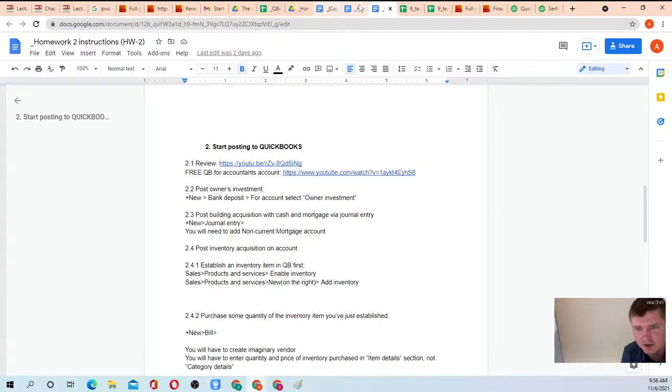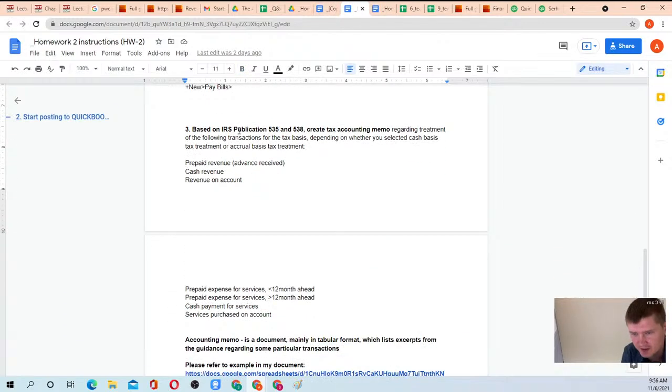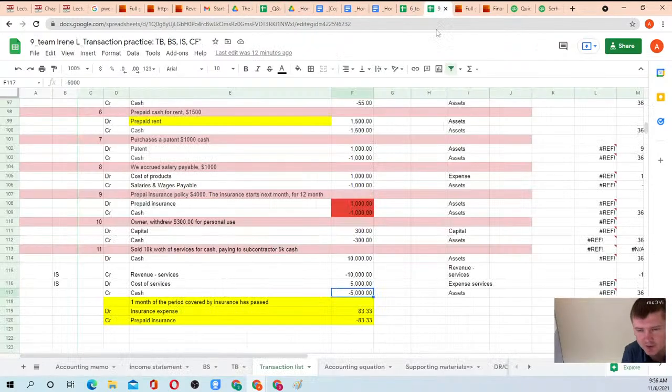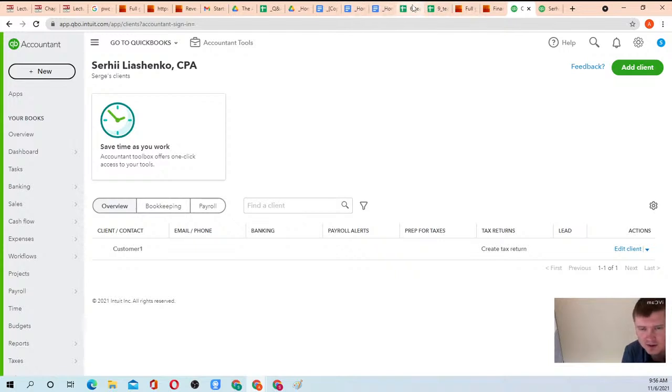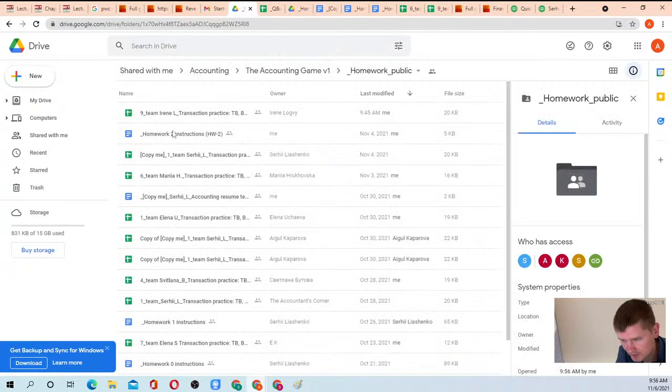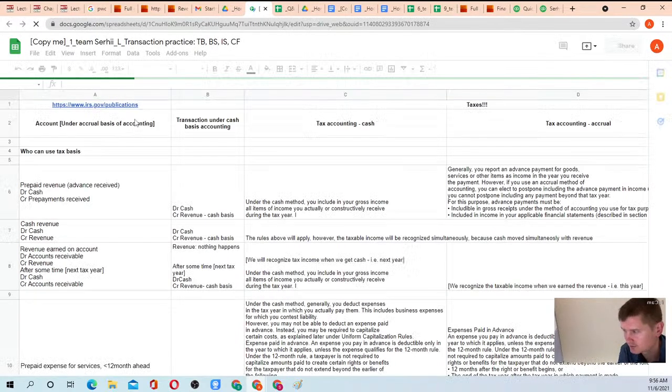For the last part of the homework, which was an IRS publication, I'm building my file slowly, so you can refer to that. Let's see where it is. So the default homework file is here, copy of me file.